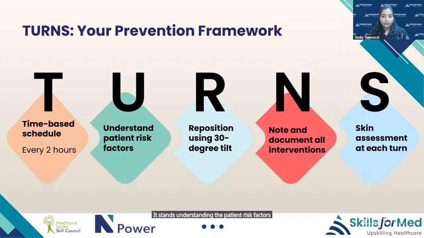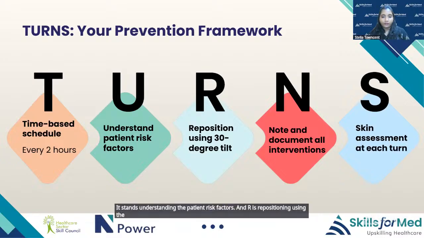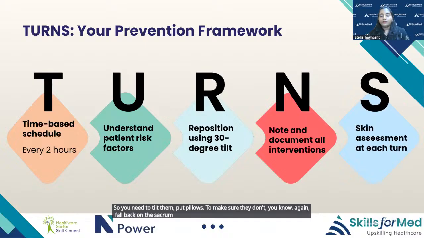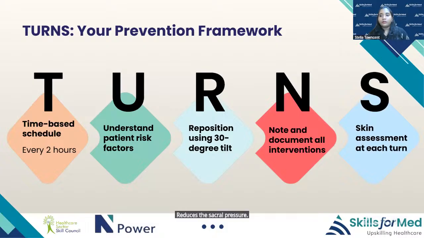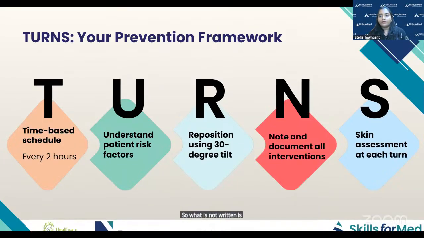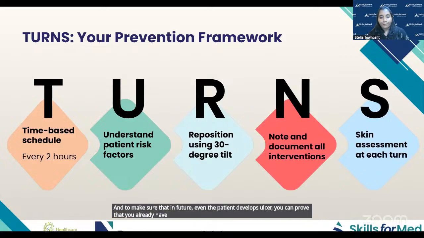And R is repositioning using the 30-degree tilt. So you need to tilt them, put pillows to make sure they don't fall back on the sacrum. And this 30-degree tilt, as evidence shows, reduces the sacral pressure. And N is note and document what intervention is done. What is not written is not done. So you need to document to make sure that in future, even if the patient develops an ulcer, you can prove that you have already done these interventions.